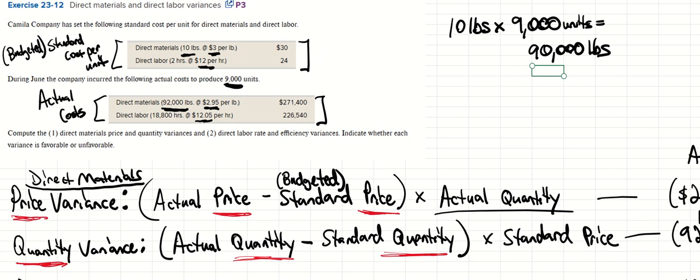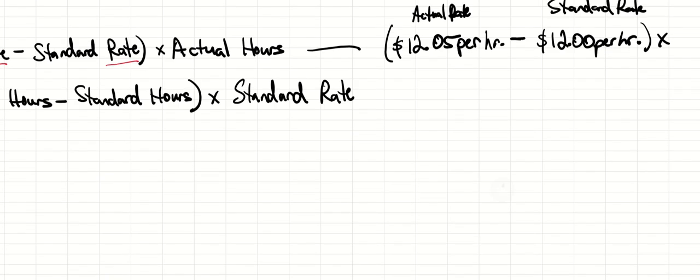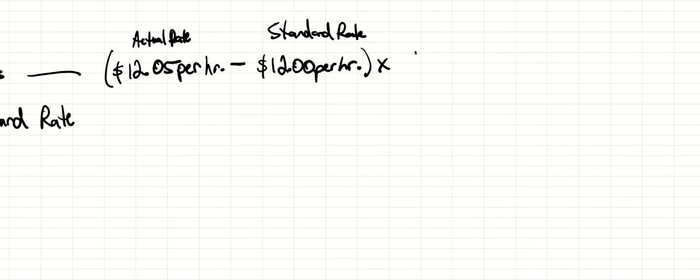Okay, the actual hours, let's see. So we have 18,800 hours. That's the actual hours. So we're going to bring that in and plug it into the formula. So 18,800 hours. And this is our actual hours.